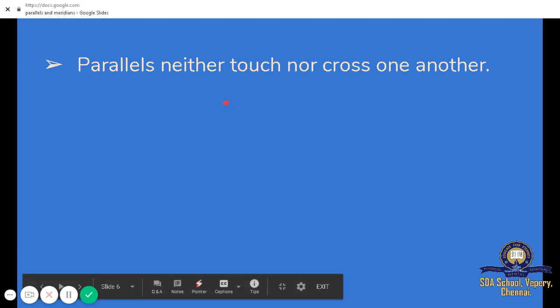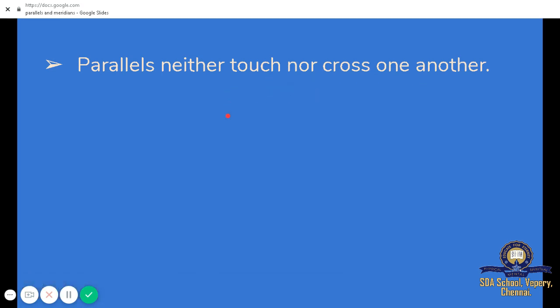Then parallels neither touch nor cross one another, because they have an equal distance from each other, so they do not touch or cross one another.